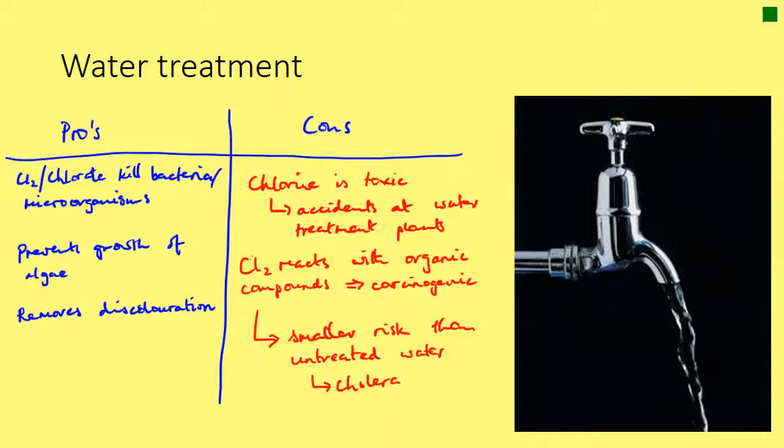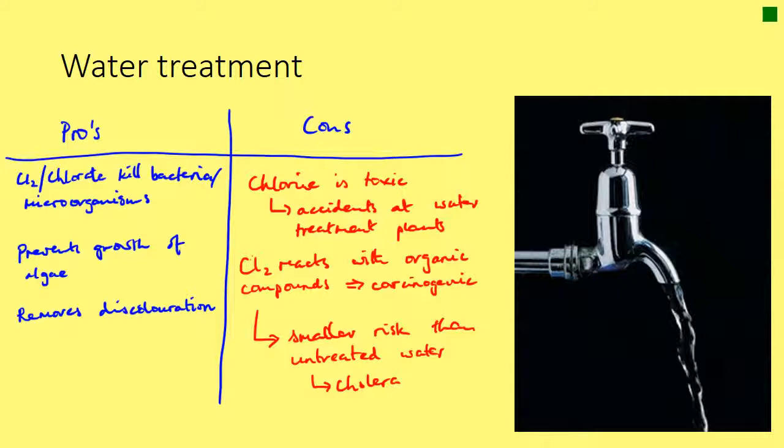So chlorine reacts with organic compounds from plant material that find their way into the water system and some products are carcinogenic.